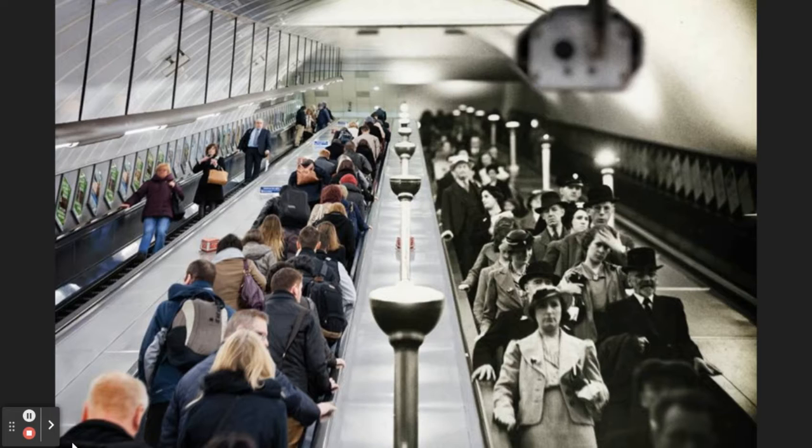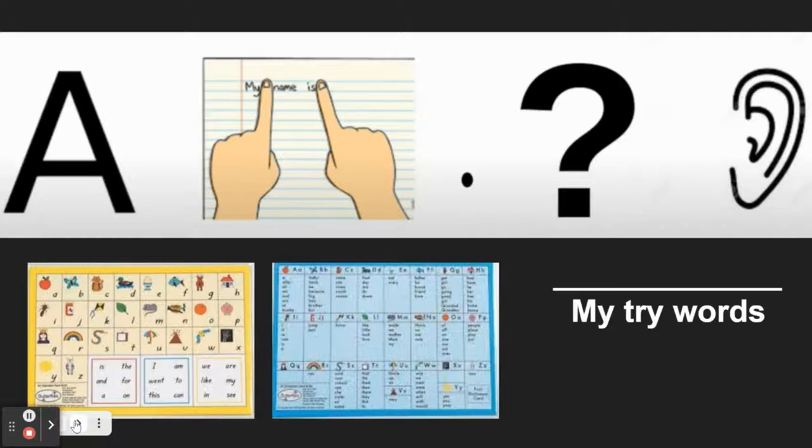What might the handrail feel like as you're going up or down the escalator? And the last sense is taste. That's an interesting one. Do you think you could taste anything if you were in this photograph? So those are the things you're going to be thinking about in your writing today.